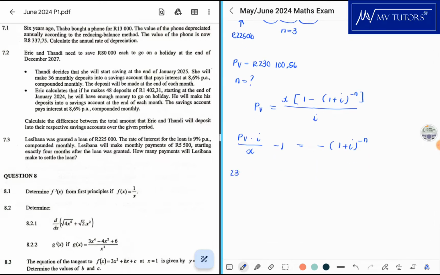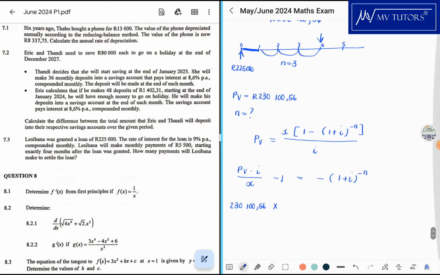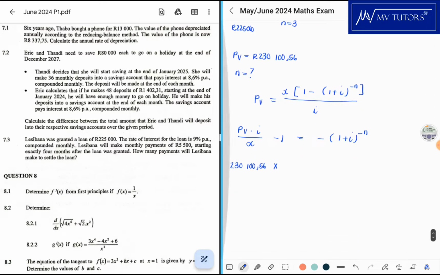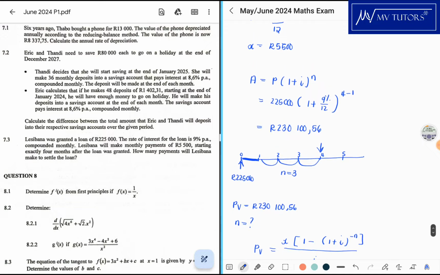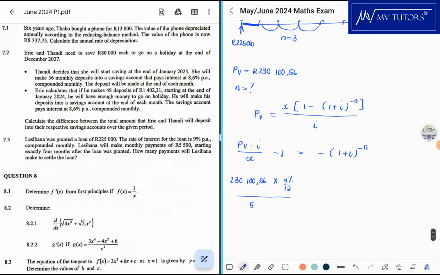So let's just substitute what we know currently. We have 230,100 Rand and 56 cents, and we're going to multiply it by the interest, which was 9% per annum compounded monthly. And we're dividing all of that by the monthly payments, which were 5,500 if I'm not mistaken. Yes. And we're going to subtract 1. And on the other end, we have negative 1 plus the interest rate to the power negative n.